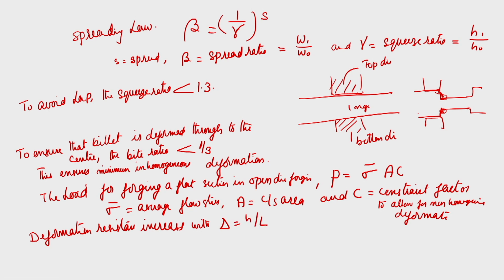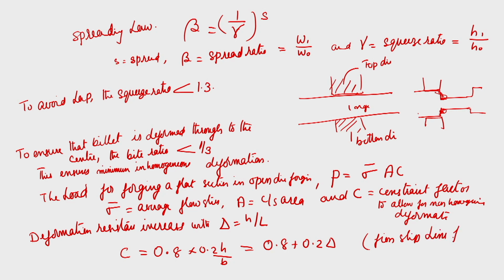So there are cases where from the slip line field we can find out that the relationship is 0.8 plus 0.2 delta. So this is from slip line field theory. People have arrived at this relationship.